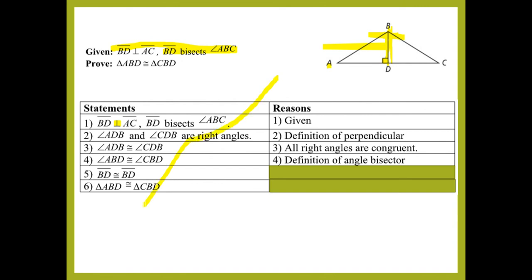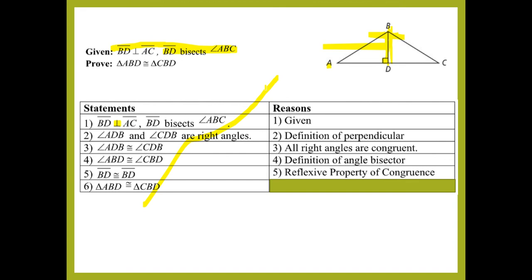We can also say that BD is congruent to BD because of the reflexive property. Obviously, this side BD is congruent to itself.